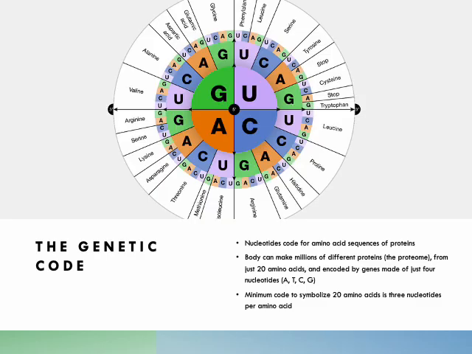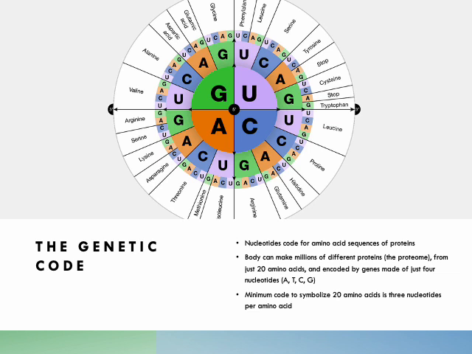So just like computers have codes to run, our body has a genetic code to run and create things. The genetic code is made up of DNA, and its nucleotides code for amino acid sequences of proteins. Remember, proteins are made up of amino acids, and the DNA tells which amino acids come together to make that special protein. Your body can make millions of different proteins from just 20 amino acids, with different combinations of these amino acids.